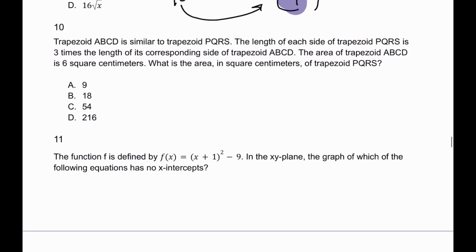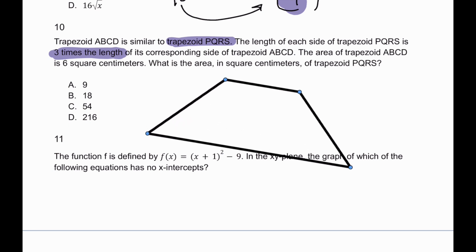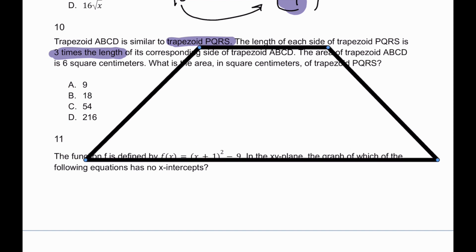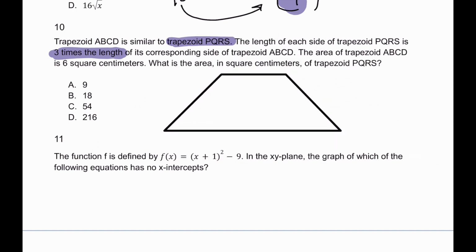Number 10 says that there's a trapezoid. It was then multiplied by 3 on each of its lengths. So in other words, I had this trapezoid, but then it was tripled in every dimension. How much bigger is that? Well, if it had an area of 6 before, and then the base tripled, that's times 3, and the height tripled.